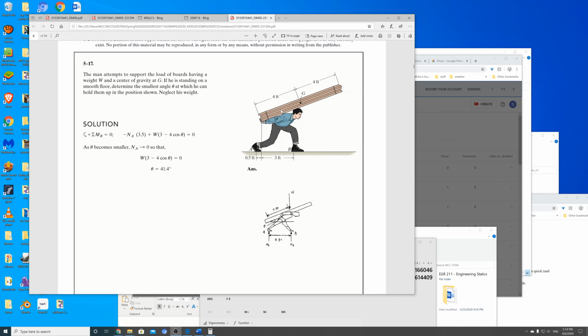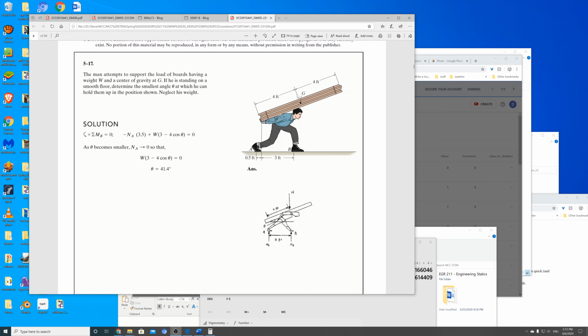We're looking for how far away G is from B, and this will determine whether it causes clockwise or counterclockwise rotation. So if G is up over here somewhere, so the angle's pretty large, that would cause counterclockwise rotation about that point.